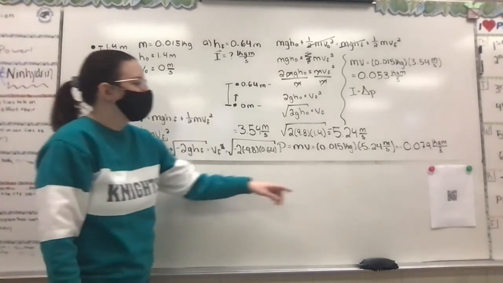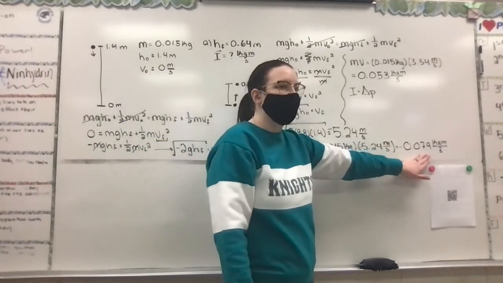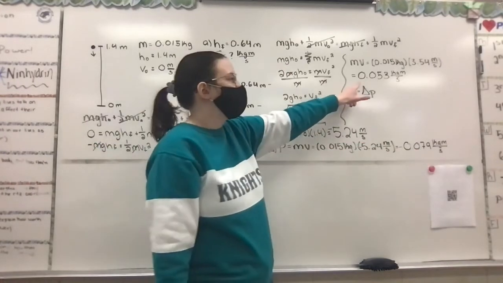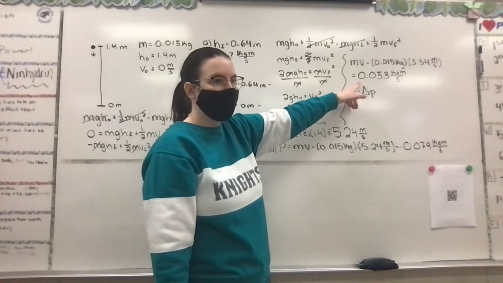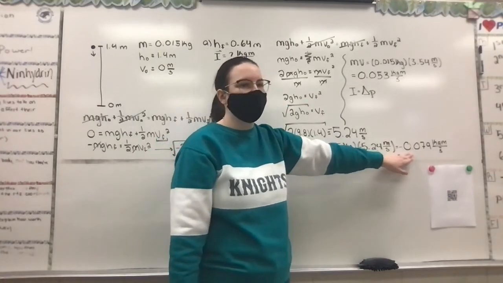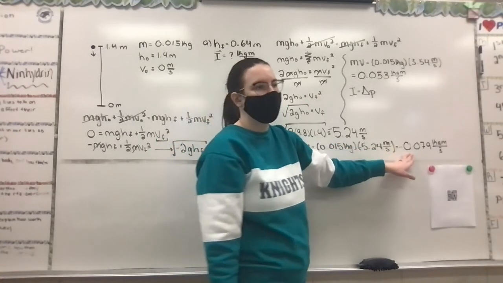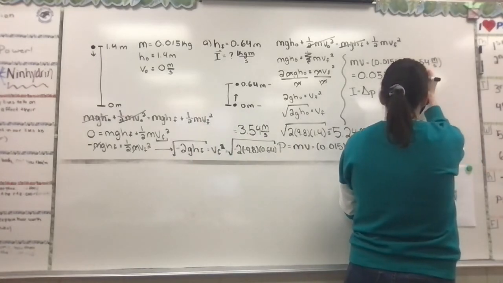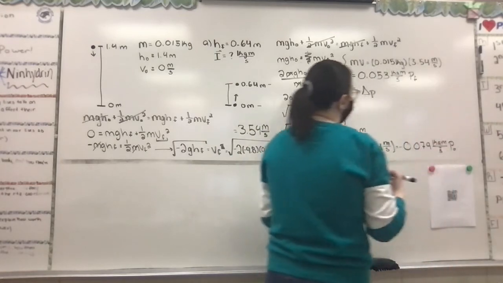So remember, this is the momentum of the marble as it hits the floor, right? And this is the momentum as it bounces up, okay? So that means this would be considered our initial or final momentum. Which one? As it hits the floor, what is it? Initial, and this would be our final, okay?